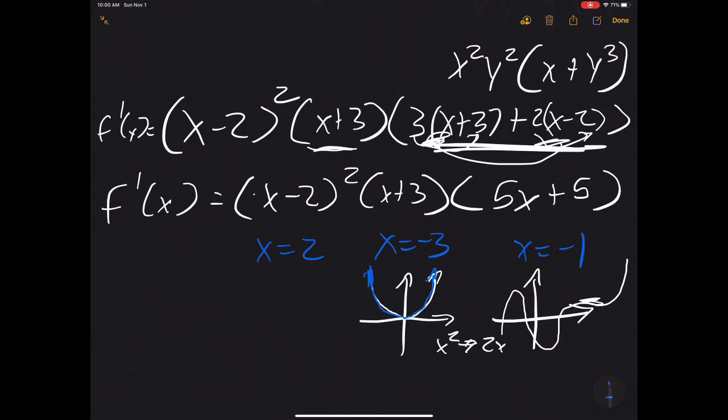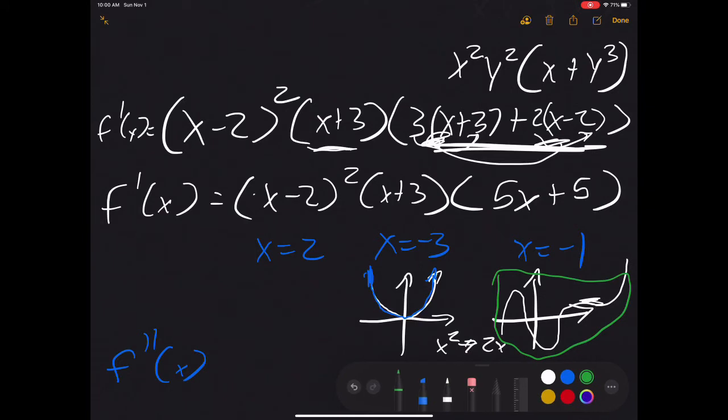Now, let's say we have the graph of the slope. What the second derivative, f double prime of x, will tell you is whether the slope is increasing or decreasing. So now let's look back at the graph I have here. Is my slope increasing or decreasing right here? Well, my slope is going from a positive slope, it's leveling out at 0, and then it's going to negative.